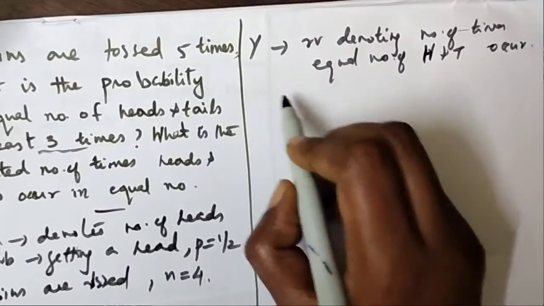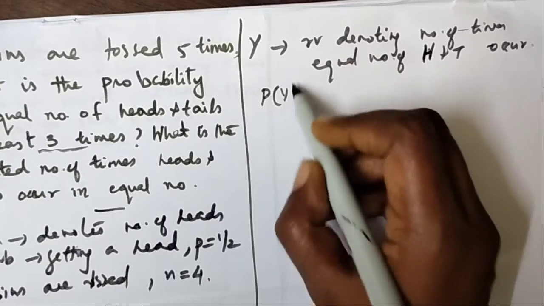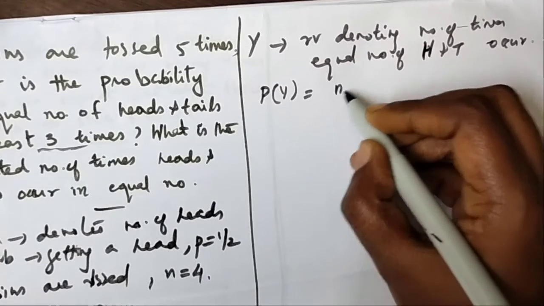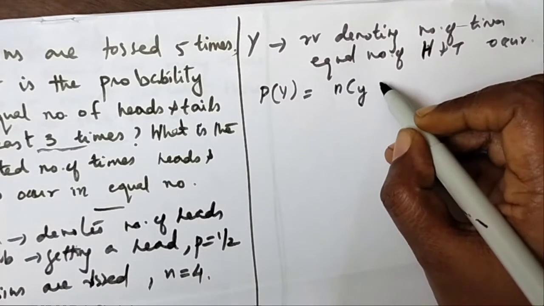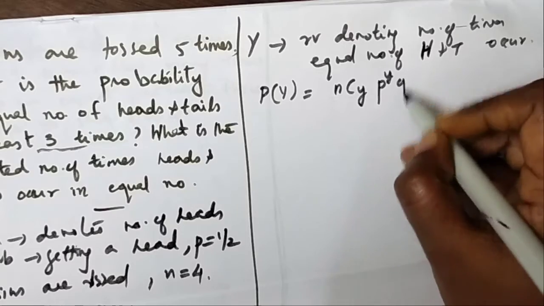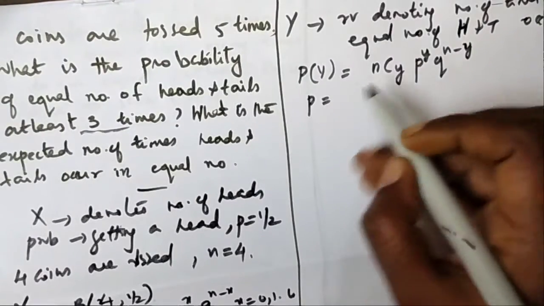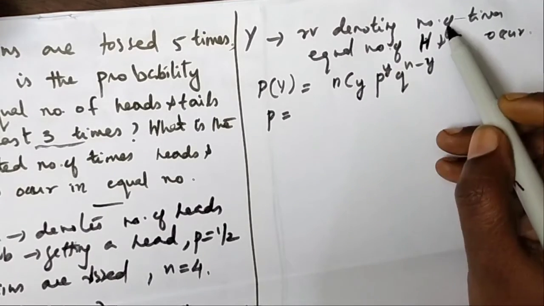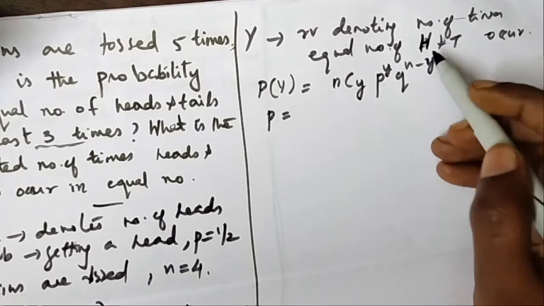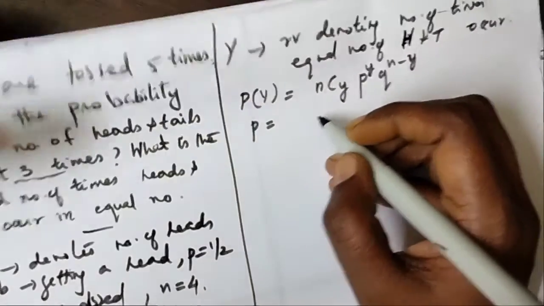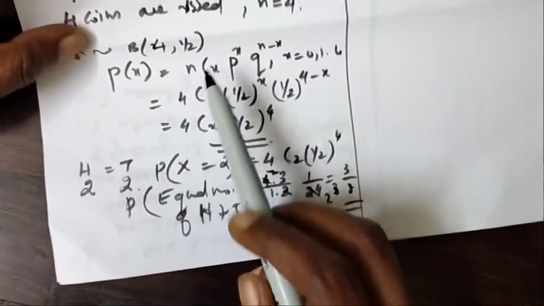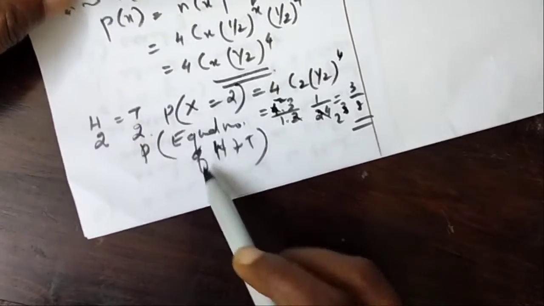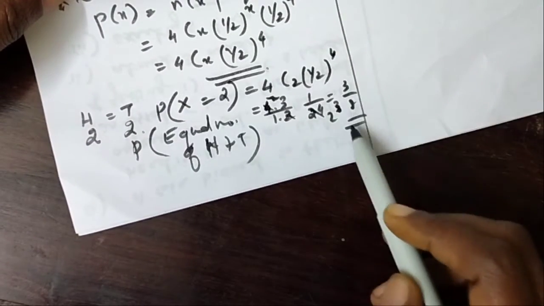So what will be P of y? P of y will be nCy p raised to y q raised to n minus y. And what is p here? P is the probability of getting equal number of heads and tails, and we have already defined the corresponding random variable as X, and P of X equal to 2 is 3 by 8.